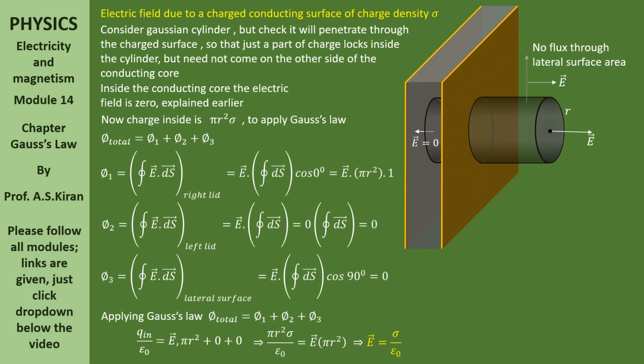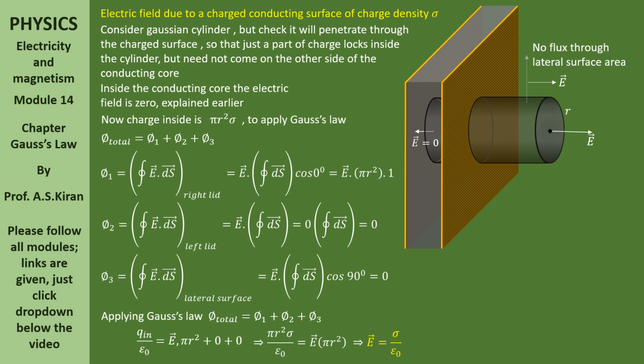It is the charge locked inside that Gaussian cylinder, where sigma is the charge density and pi r square is the penetration cross section. So Qn by epsilon naught equals E bar pi r square, which implies pi r square sigma by epsilon naught equals E bar pi r square, which implies E bar equals sigma by epsilon naught.